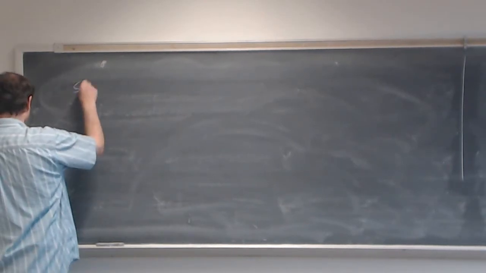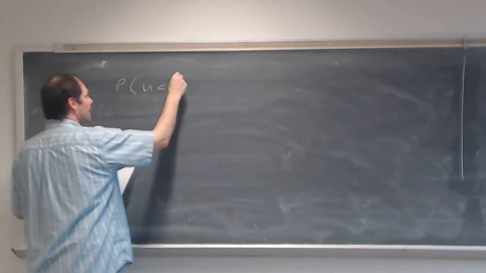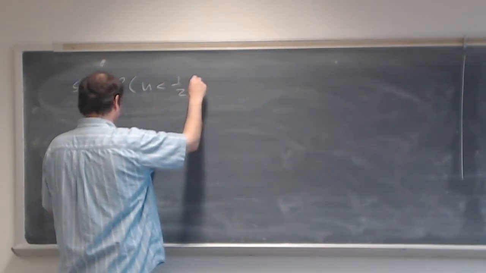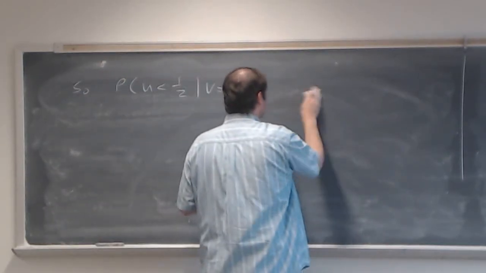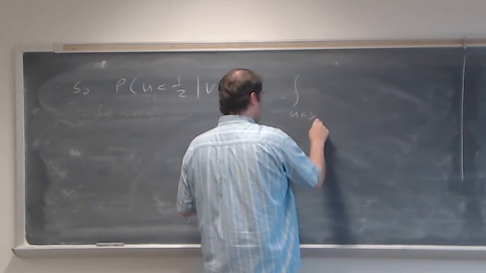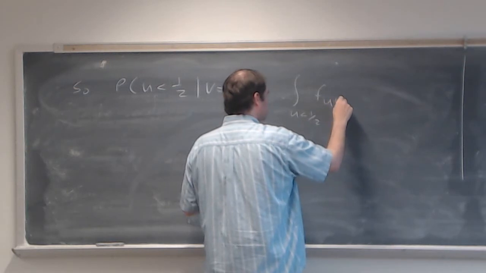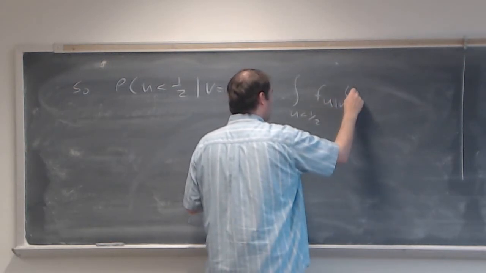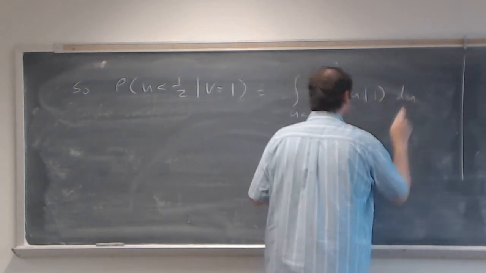Okay. So what are we trying to find? The probability that U is less than 1/2, given V equals 1. Remember, that's supposed to be the integral over U less than 1/2 of f of U given V, of u given V equal to 1, du.